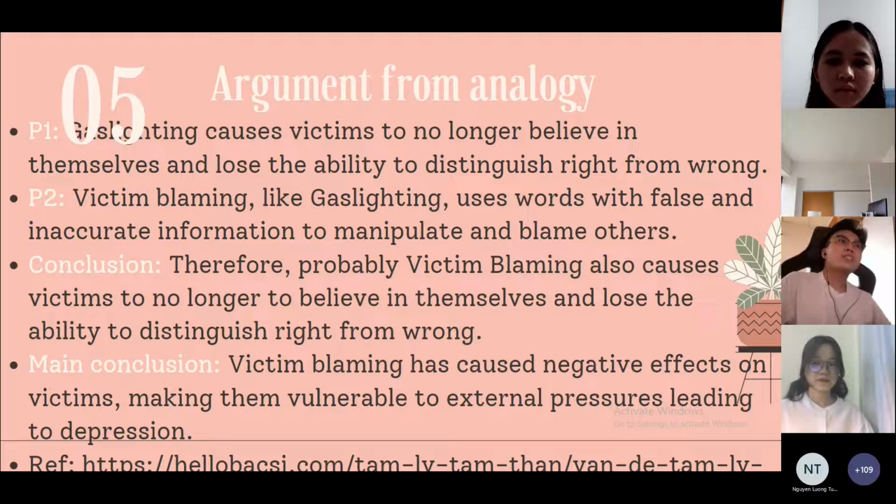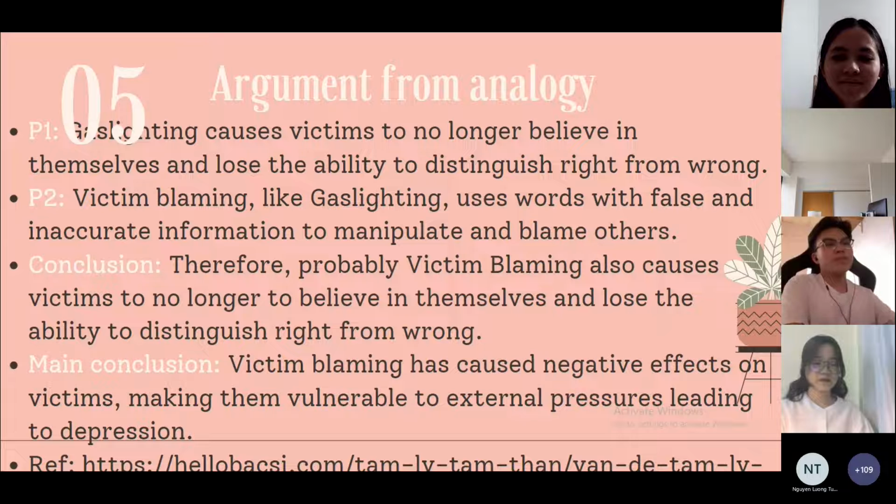If we search for information about gaslighting on the internet, we can see gaslighting is a form of manipulation where the bully or abuser makes the target question their judgment and reality. The common point of gaslighting and victim blaming is that they use wishful and inaccurate information to manipulate and blame others.